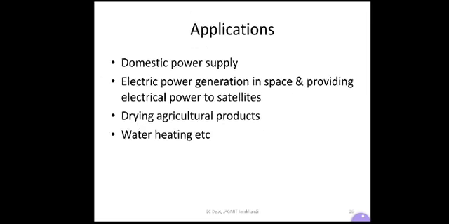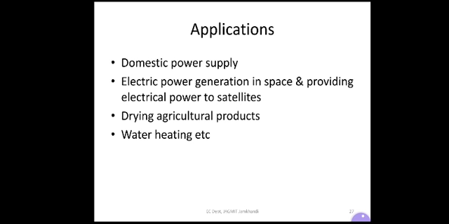Let's see a few applications of solar cells. Solar can be used for domestic purposes for the power supply. It is used in electrical power generation in space and providing electrical power to satellites as well. As satellites require power, that power can be obtained by using solar panels on top of the satellite. It will continuously generate the power supply there and supply electrical power to the satellites.